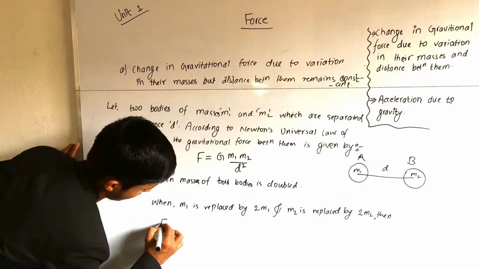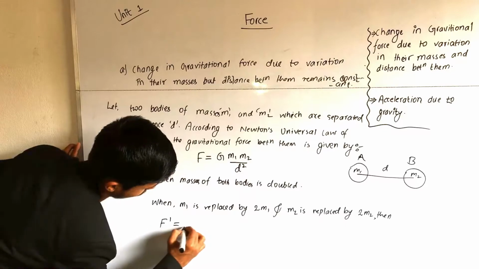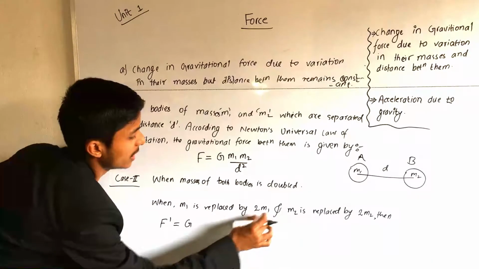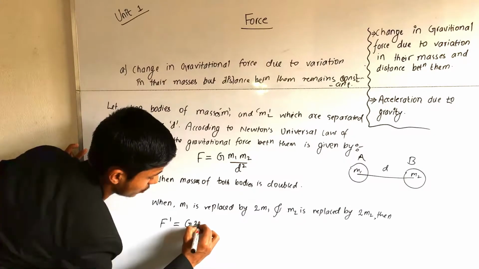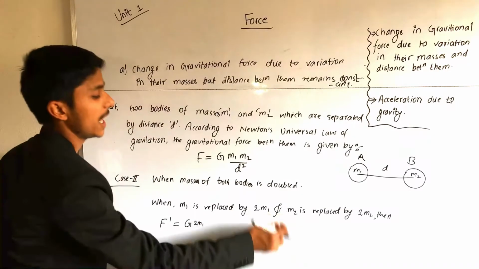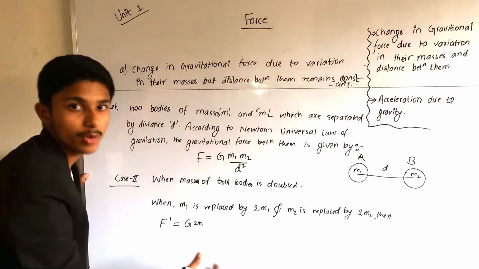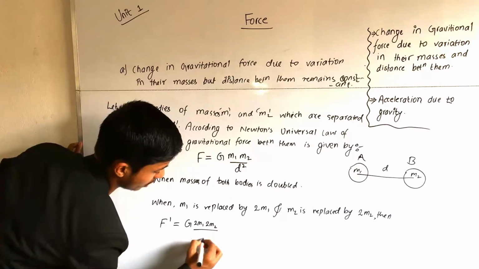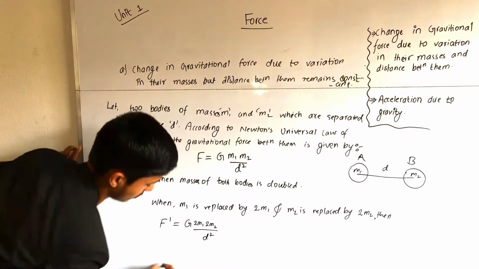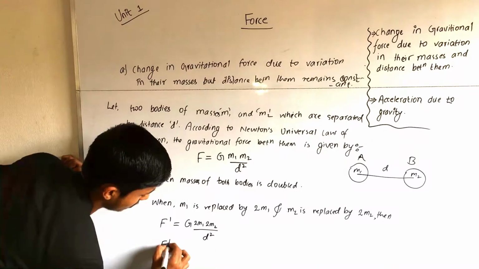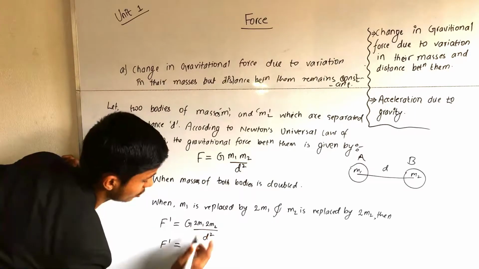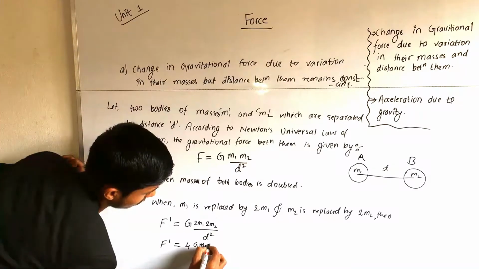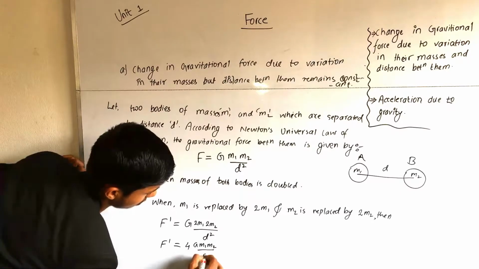we know F dash is equal to G, with m1 replaced by 2m1 and m2 replaced by 2m2, divided by d square. Here F dash is equal to 2 into 2, that is 4, times its general form, G m1 m2 by d square.